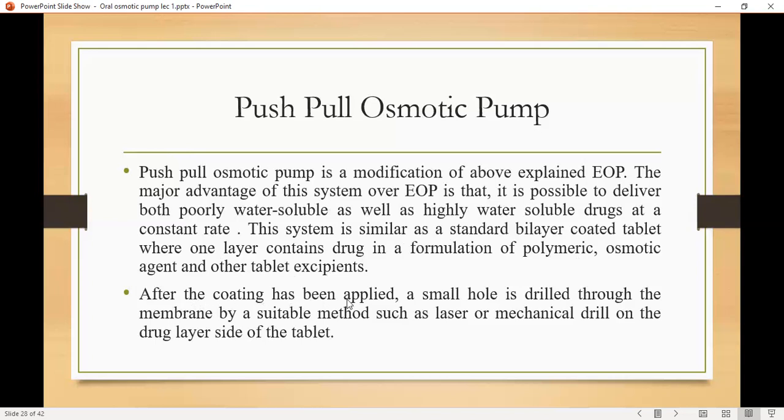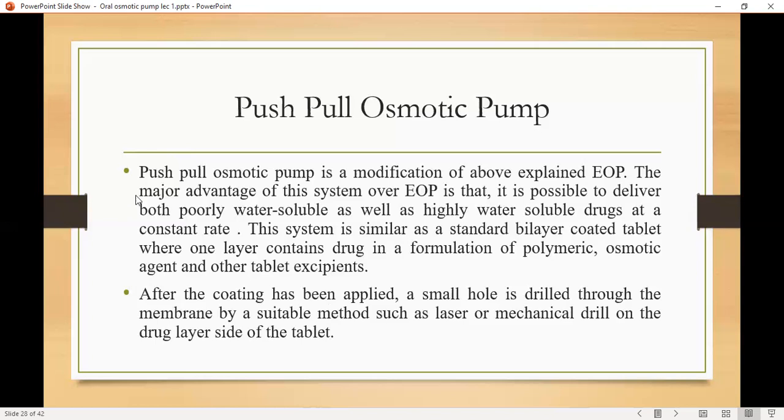After the coating has been applied, a small hole is drilled through the membrane by suitable methods such as laser or mechanical drill on the drug layer side of the tablet. So if you have a bilayer tablet, we will coat that tablet, and after coating we have to make a hole, an orifice through which the drug will be released, and there are different processes for making an orifice in the system.